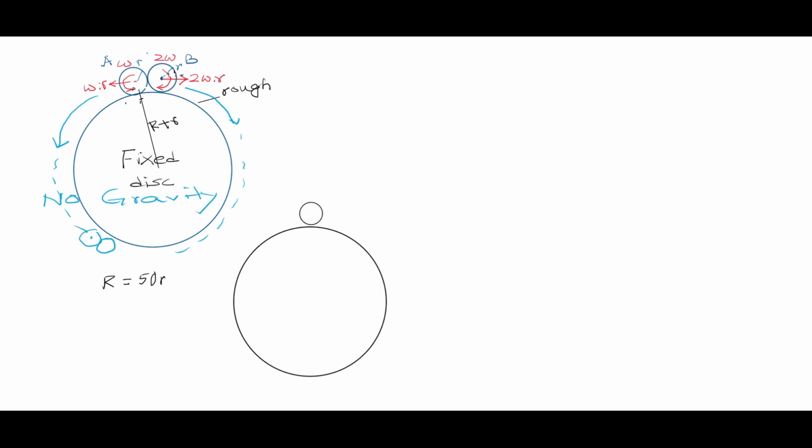In pure rolling, consider a body. This body is undergoing pure rolling. Its center of mass is translating with a velocity v, and the body is rotating about its center of mass with angular speed omega. If the rolling is pure, that means if the surfaces that are in contact are sufficiently rough, then v is equal to omega into r.